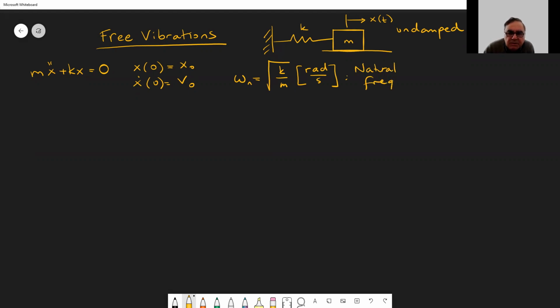So the free vibrations occur at the natural frequency. The solution of this equation, as you might remember, is x0 cosine omega n t plus v0 over omega n sine omega n t.